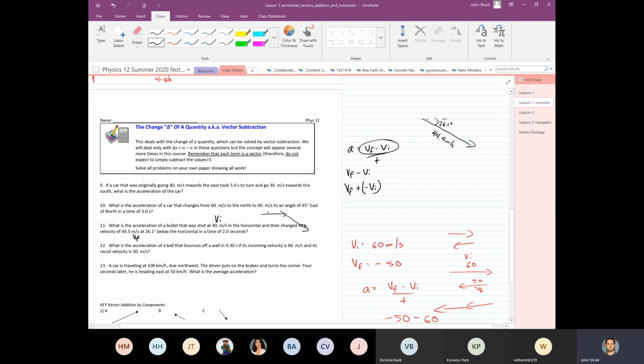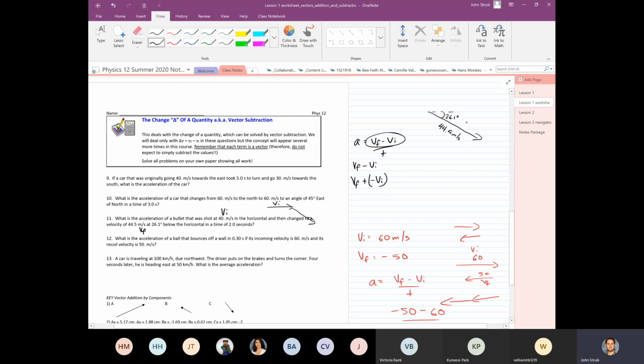VI is originally going to the right, which means negative VI would go to the left, and we're adding that to our VF. This is 44.5, this is 40. So I know that it's going to be going this way a little bit. And then you can solve it that way. In this case, it doesn't really matter how you do it.